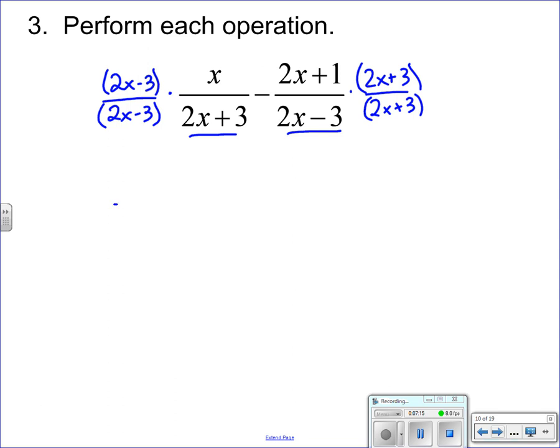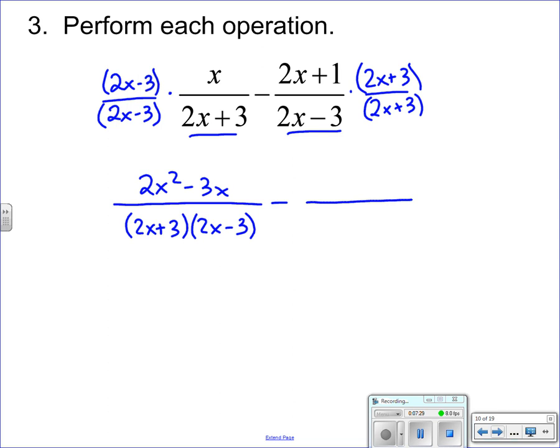Okay, working with this one. We have 2x plus 3 times 2x minus 3. It doesn't matter which order they go in because you're multiplying. 2x squared minus 3x minus 2x minus 3, 2x plus 3.